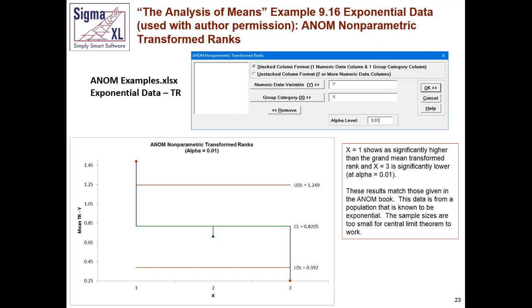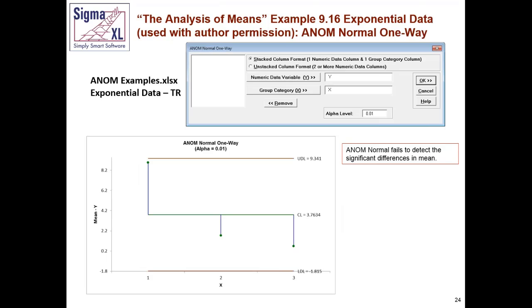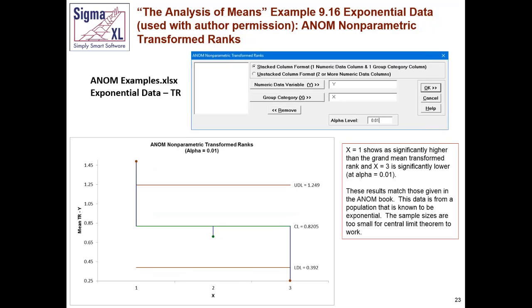This data is actually quite small in sample size, and if you were to reanalyze the data just using Anom normal one way, it fails to detect any significant difference. So it was important in this particular case to use the non-parametric chart. So again, the guideline: whenever you're going to use a Kruskal-Wallis, you can use the non-parametric transformed ranks Anom chart as a complement. It's not the exact same statistic, but it's a close complement.